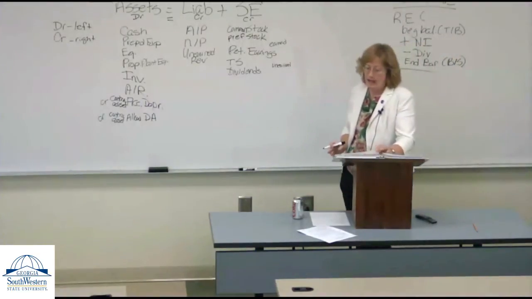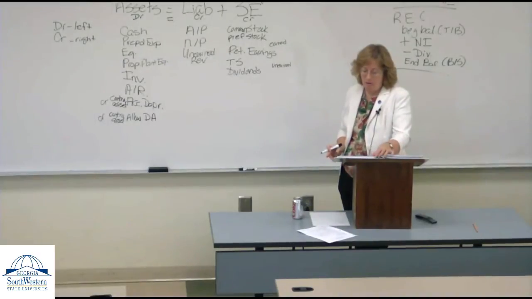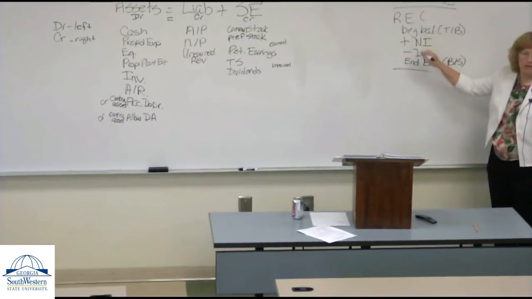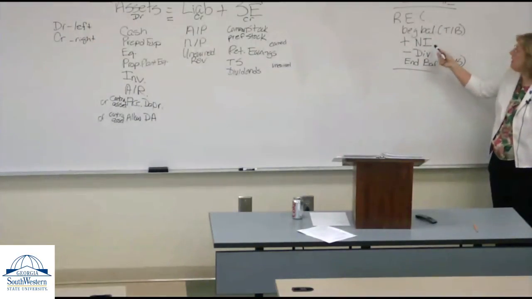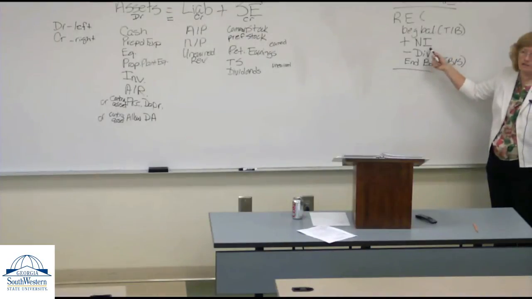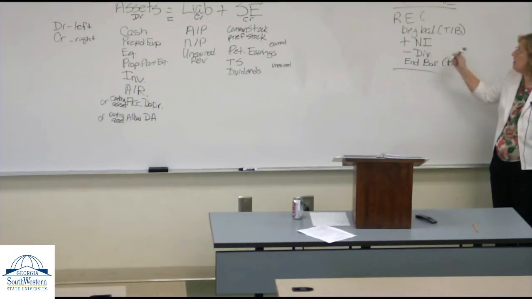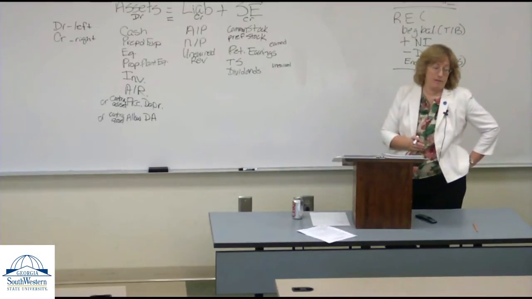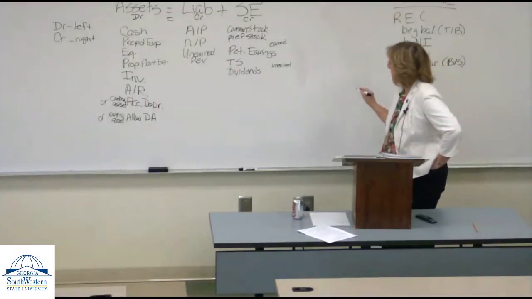We want to add the things that show up in here, meaning net income and dividends, okay? Now, net income is made up of two parts, right? So let's just think about that.